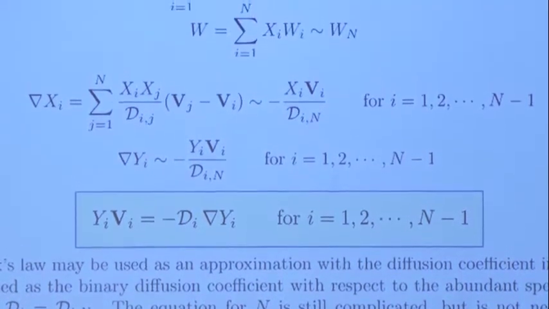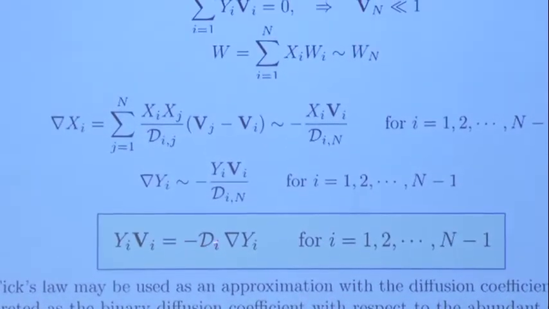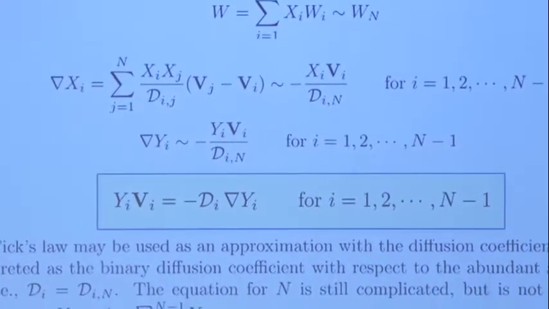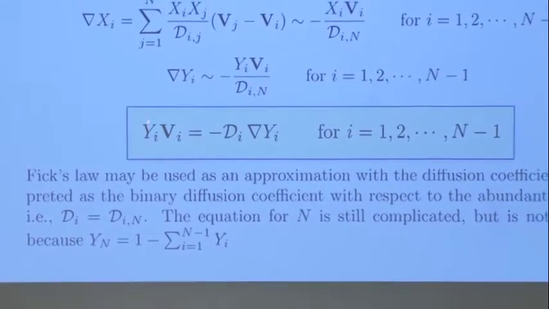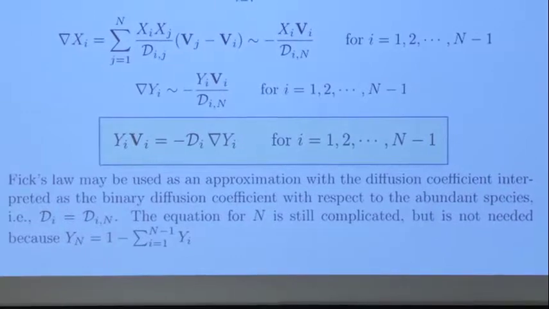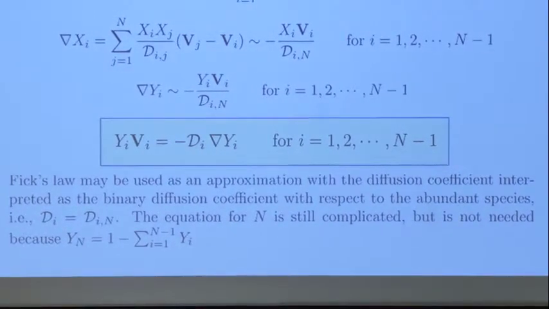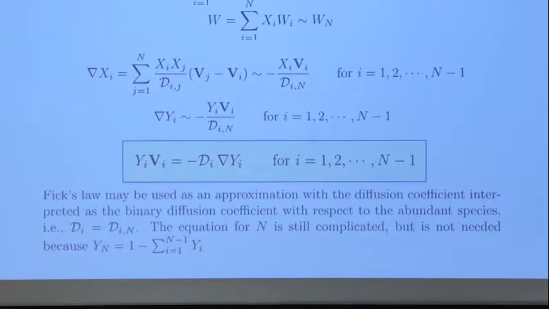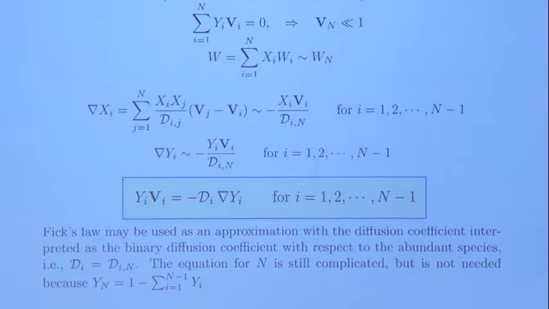It makes sense, but it also follows systematically from the Stefan-Maxwell relation. So if we are going to use Fick's law for a dilute mixture, the understanding is that the diffusivity is the diffusivity of species I into the bulk, into the abundant species in the mixture.